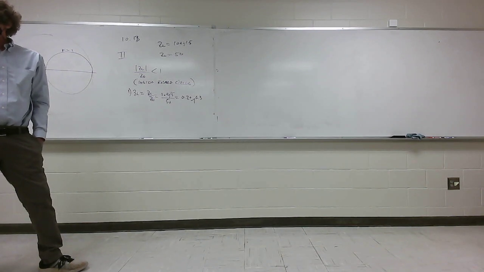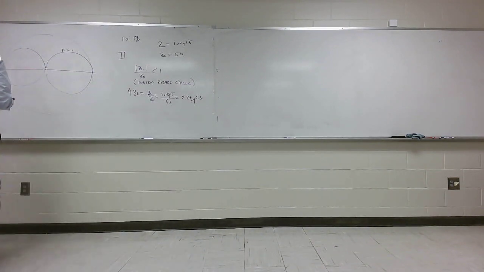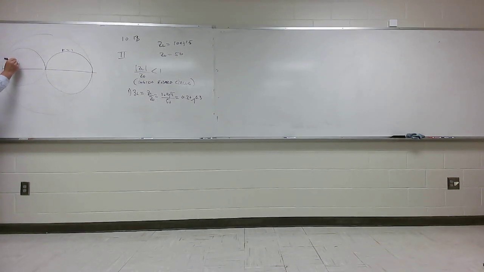Y'all agree that that's the normalized impedance? Y'all see it? All right, now here I'm going to plot it. And that's going to be 0.2 plus J0.3. It's somewhere like right about here.